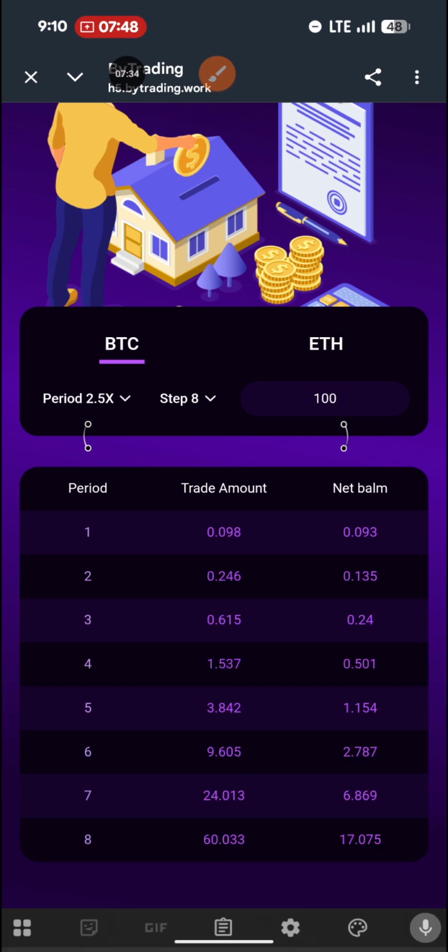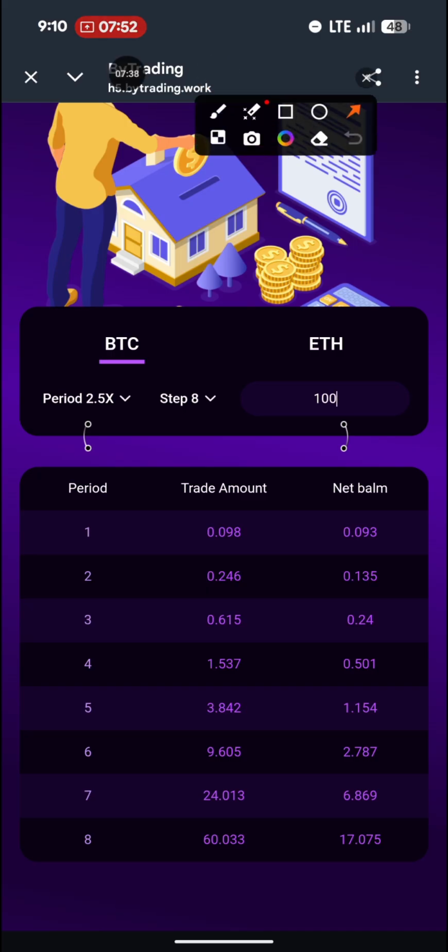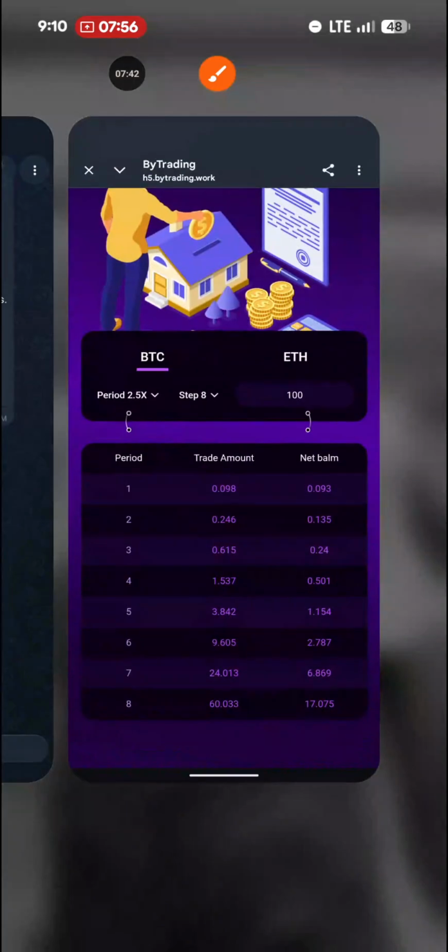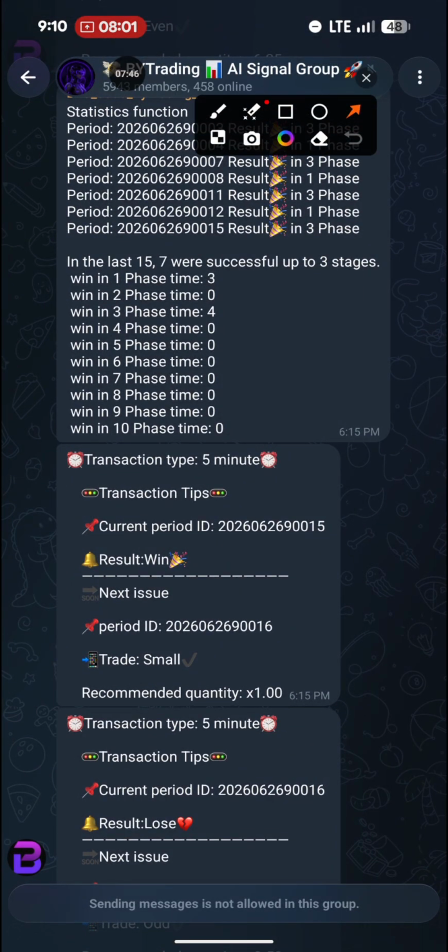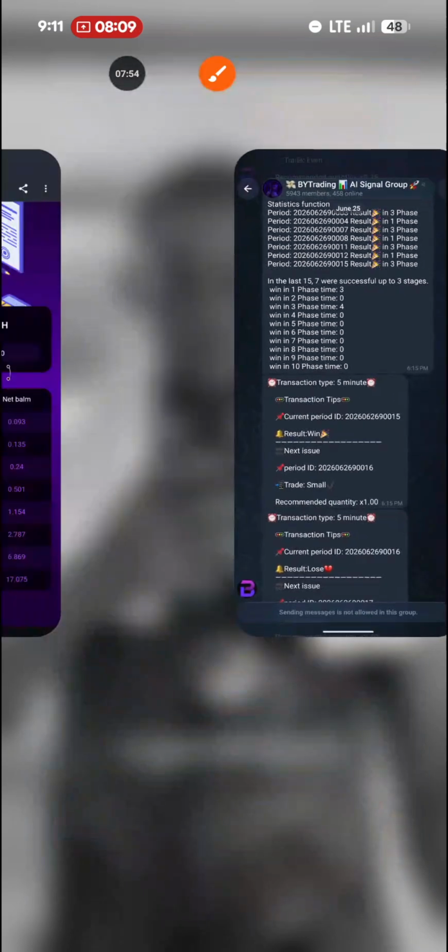So let me leave it at 100. Now you can see if a signal is being sent to the group, let's say this is the first signal, this particular one, you will take note, they say transaction type is 5 minutes. You go over.